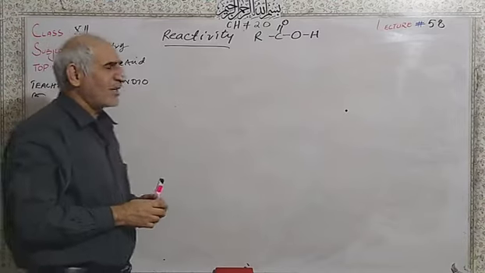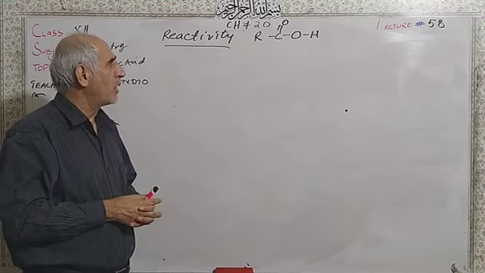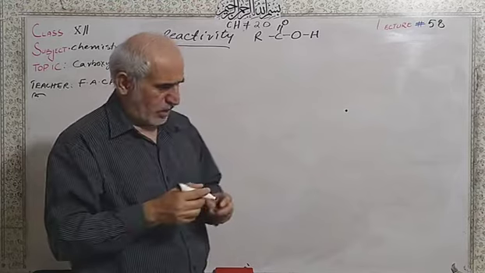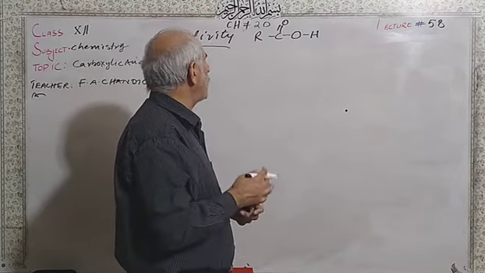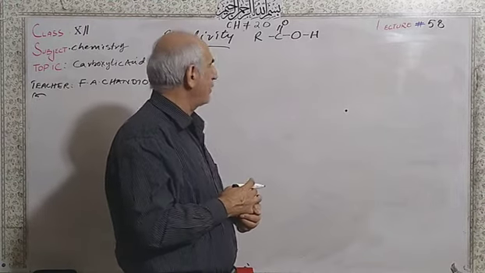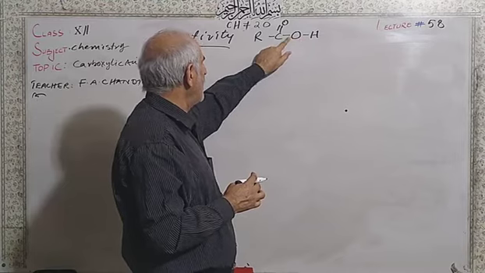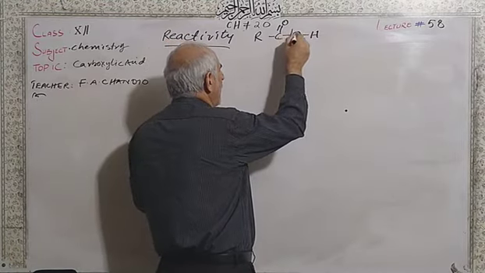So the carboxylic acid will give two kinds of chemical reactions. In one reaction, the carbonyl group is going to be involved here. Means there is a breaking of the bond between the carbon and oxygen.